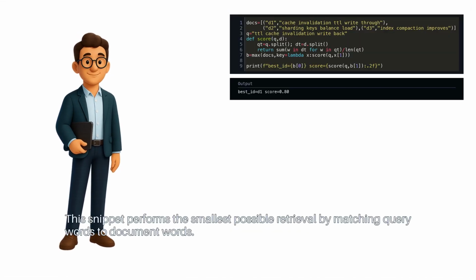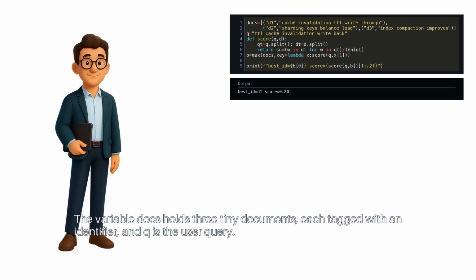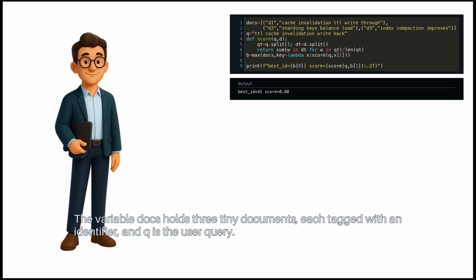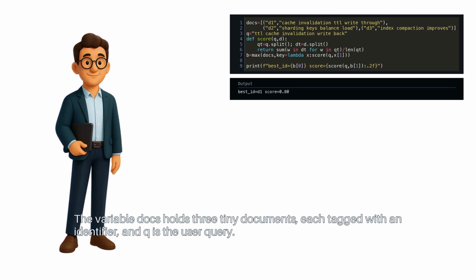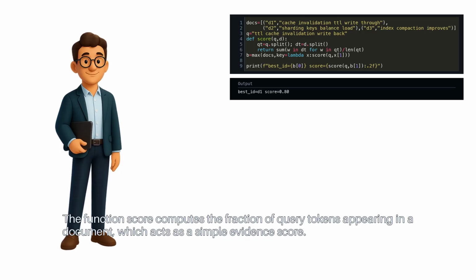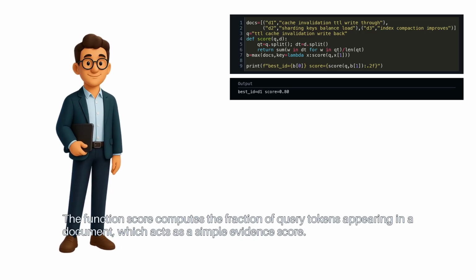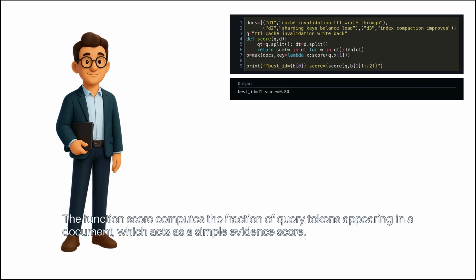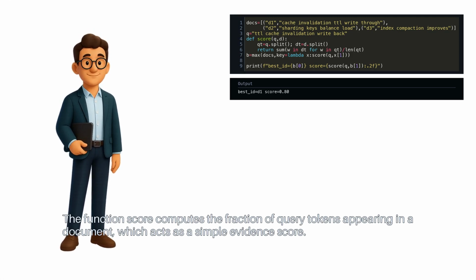This snippet performs the smallest possible retrieval by matching query words to document words. The variable docs holds 3 tiny documents, each tagged with an identifier, and Q is the user query. The function score computes the fraction of query tokens appearing in a document, which acts as a simple evidence score.